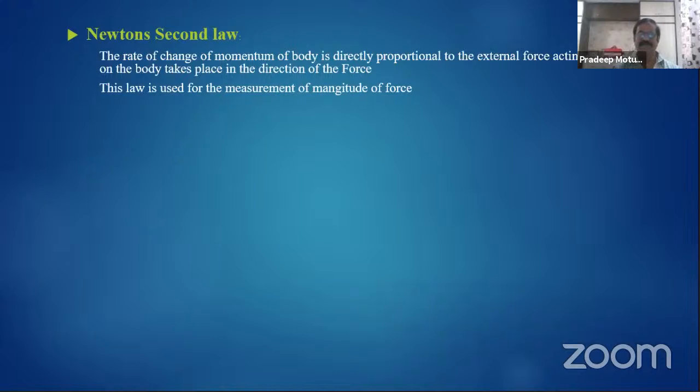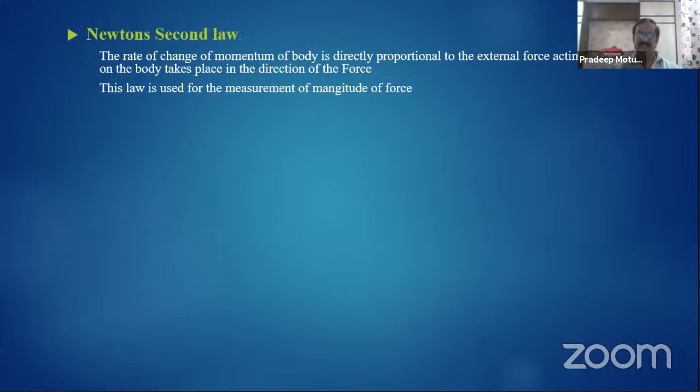Very important: the rate of change of momentum. What is the rate of change of momentum? Change of momentum. When will the momentum change? The momentum will change only if you apply a force on it.